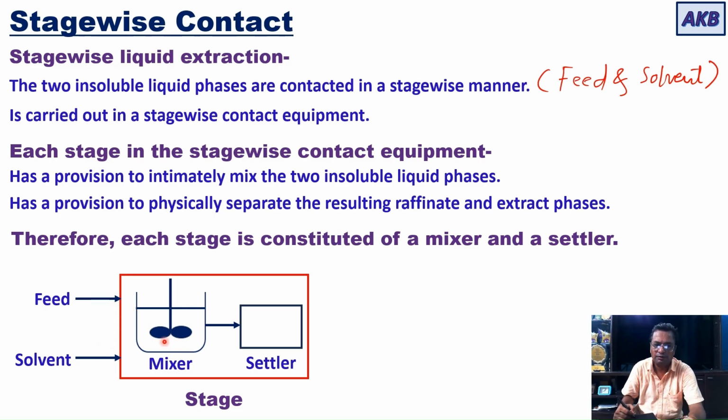These two will be first intimately mixed in the mixer. The resulting mixture will then be transferred to the settler, where it will be allowed to settle into raffinate and extract phases, and then those phases will be physically separated from each other. So in a single stage, there is mixing, which is then followed by settling. So each stage will have these two equipment in it.